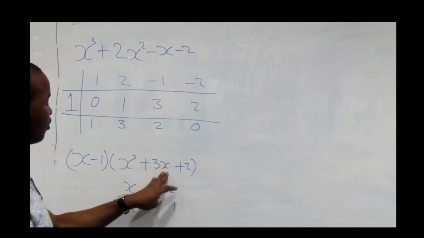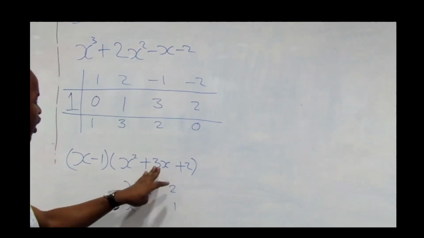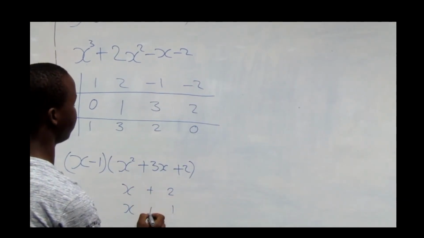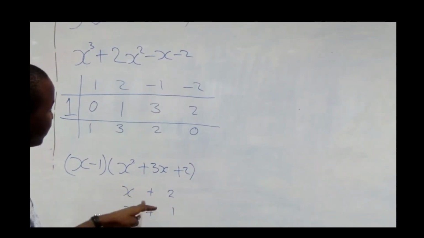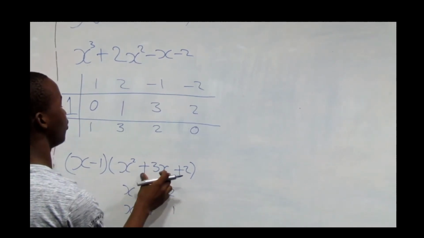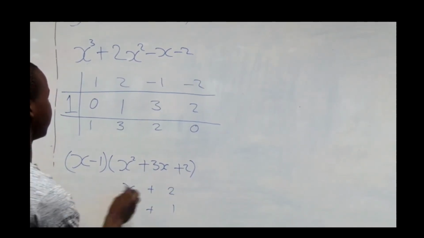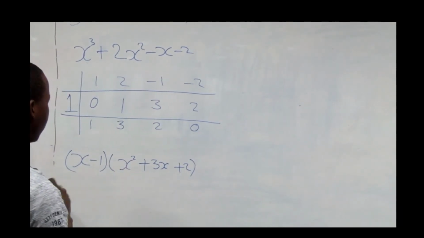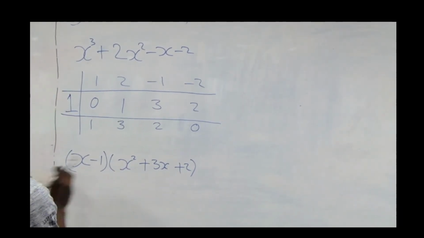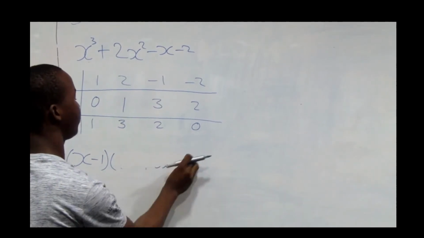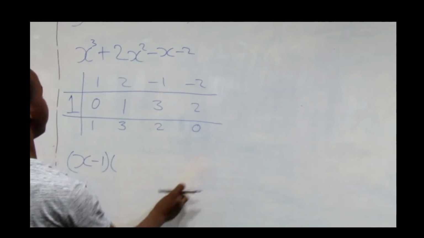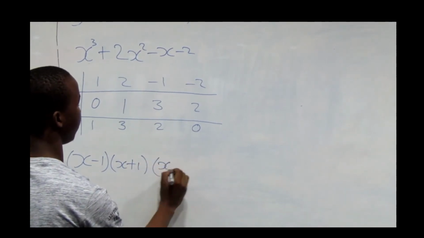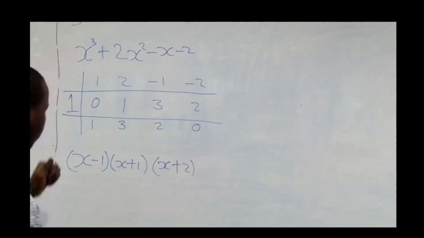Then because our middle term is positive 3, here is gonna be positive. Then when we multiply this, it's gonna give us our middle term, which is positive 3x. Then we simplify this. I'm gonna rewrite this in simplified form. It's gonna be x plus 1, x plus 2.